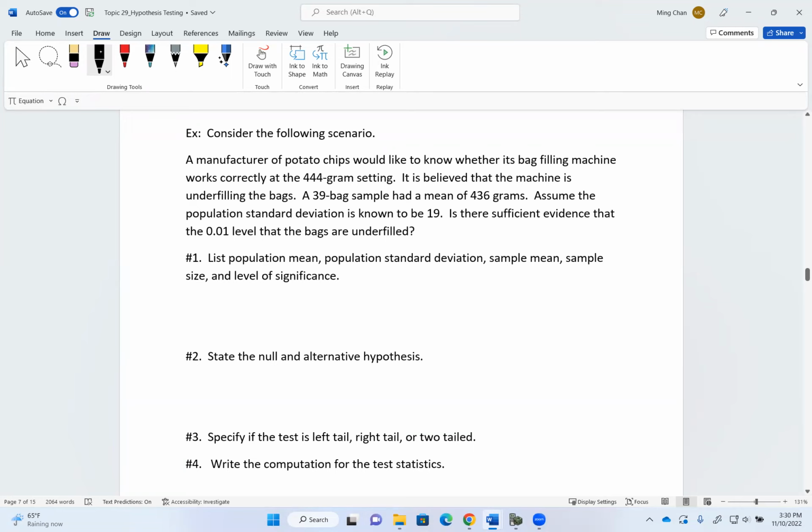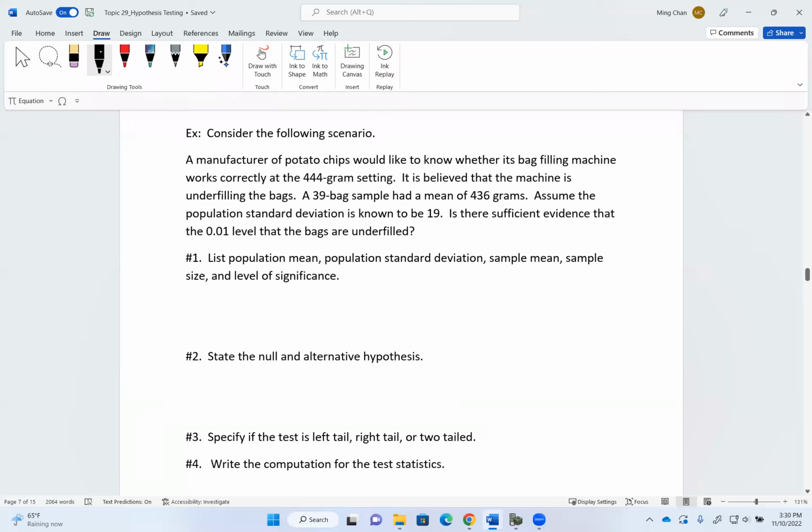So a 39 bag sample had a mean of 436 grams. We took a sample and the mean of those 39 bags shows only 436. Assuming the population standard deviation is known to be 19, is there sufficient evidence at the 0.01 level that the bags are underfilled?